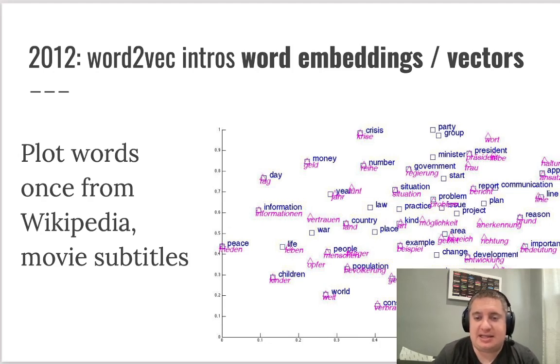And another thing that's being shown here on this plot is you can do that with other languages other than English. So if you plot the German word vectors, because English and German are very closely related and have similar vocabulary, you'll be able to move the plot around so that the English and German word vectors are very closely connected to each other, or just at a known offset from each other.